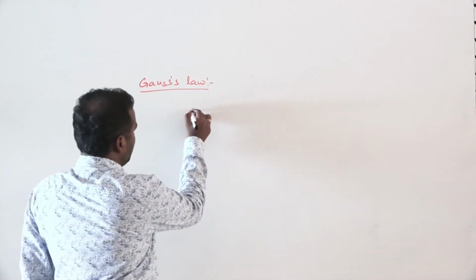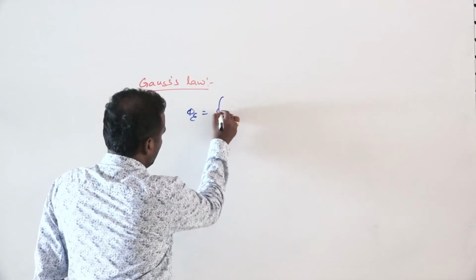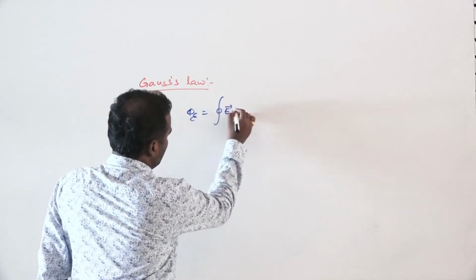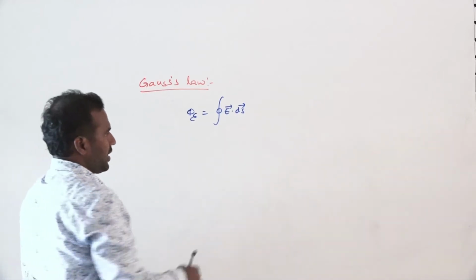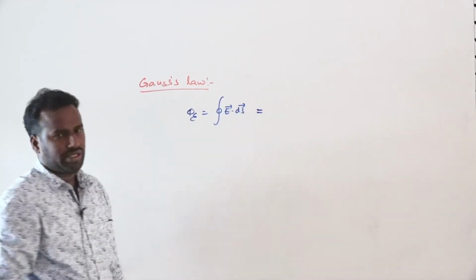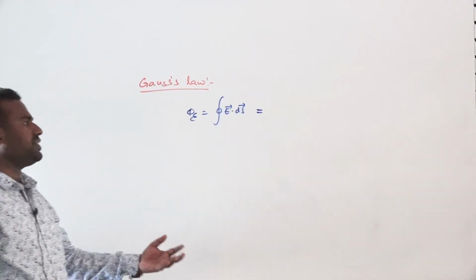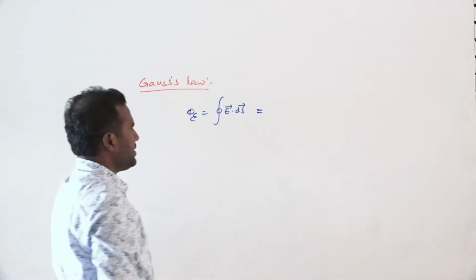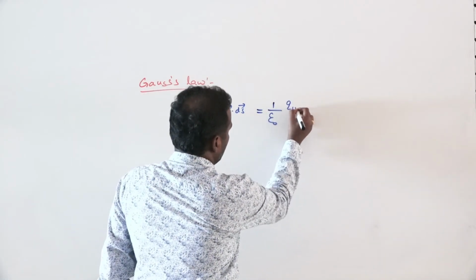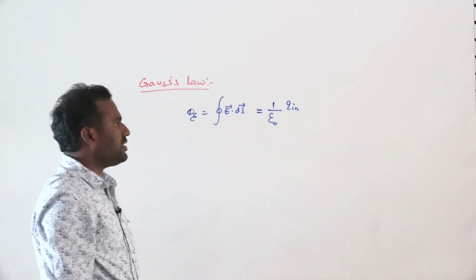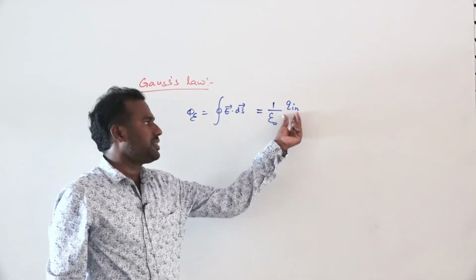Generally the electric flux, if we consider, we know that for a closed surface, the integral of E bar dot dA bar, or dS bar, the total flux due to a point charge, if only one point charge is there or a number of charges are there, is equal to 1 by epsilon naught times the net charge enclosed within the closed surface.